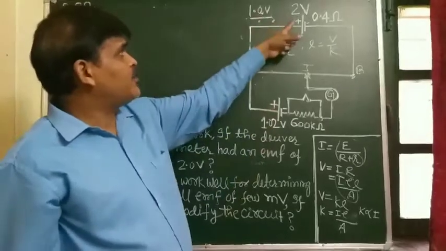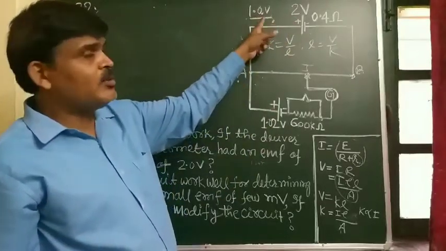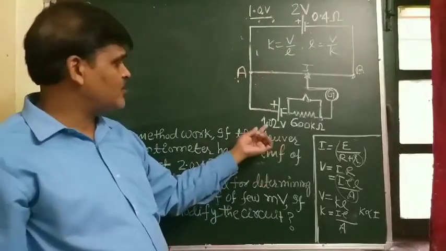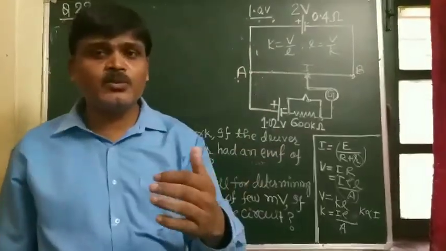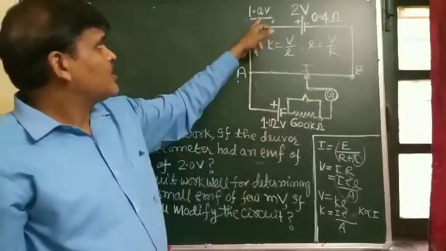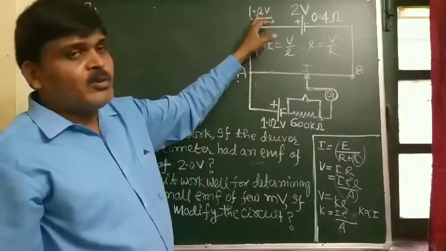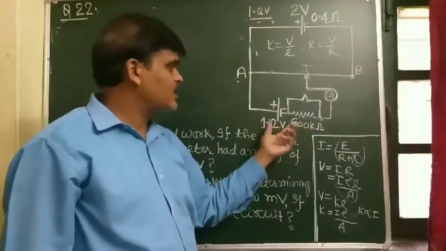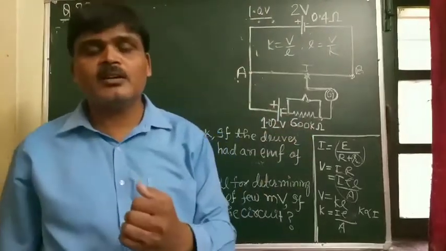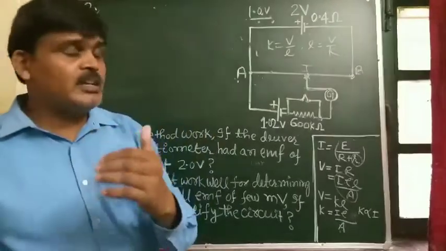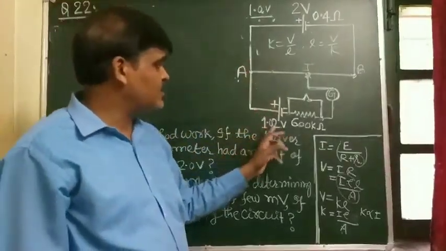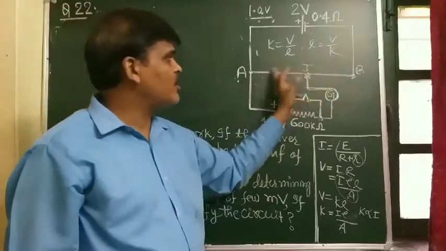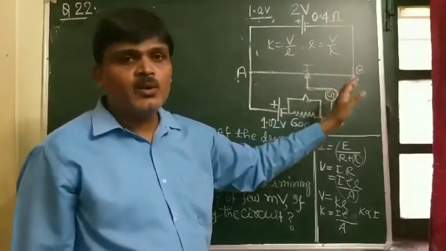So if the driver cell voltage is 1 volt instead of 2 volt, and the EMF to be measured is 1.02 or 1.247 volt, the driver voltage is less than the EMF of the cell which has to be determined, then the null point will not be obtained on the potentiometer wire.